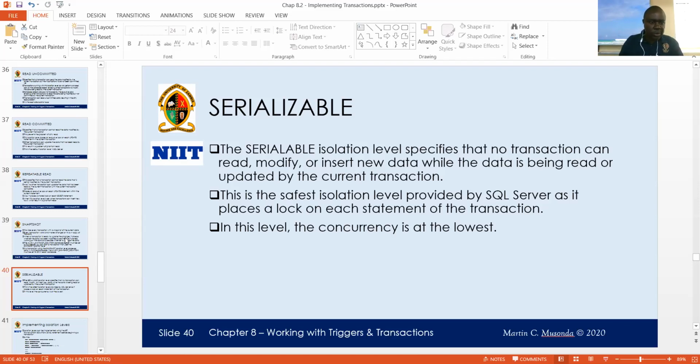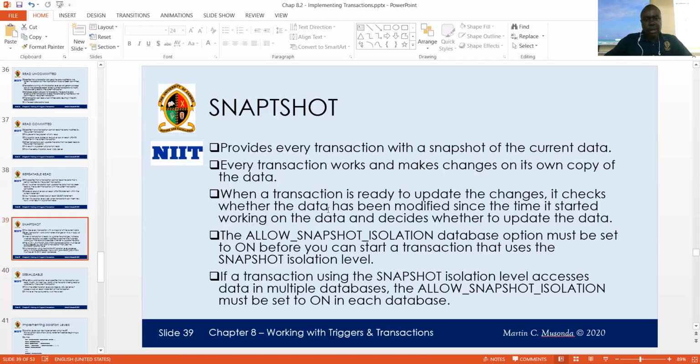For example, snapshot, we are saying each transaction will copy the data and begin to work with that data that it has. So you can have two transactions. They copy the data from the same table, and then they start working with that simultaneously.